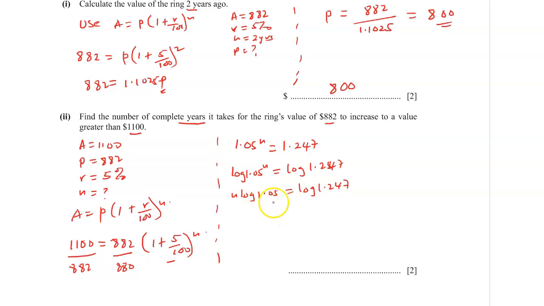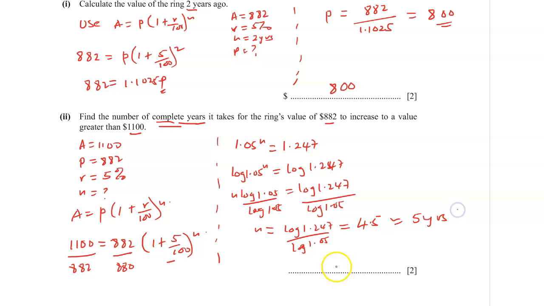You can divide by log 1.05 on both sides. Therefore, N is equal to log 1.247 over log 1.05. This will give you approximately 4.5. We need complete years, so it is approximately 5 years. So 5 years is the answer.